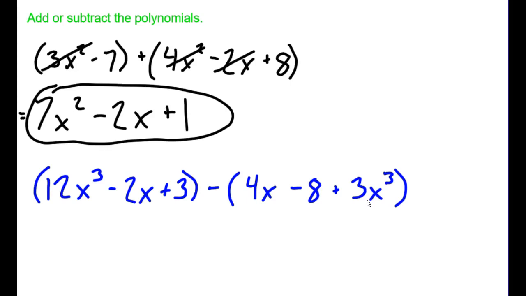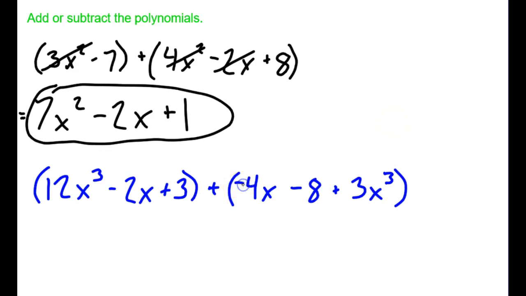And if we have a subtraction problem, it's easier to turn this into an addition problem. And we do that by simply changing this to an addition problem. And now we have to change the sign on every term on the polynomial that follows. We do nothing with the polynomial we start with. We're only going to change the signs on the polynomial that follows, the terms.